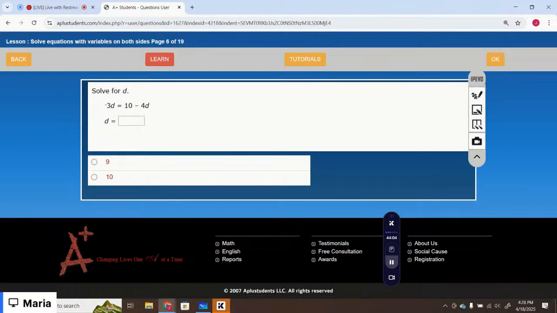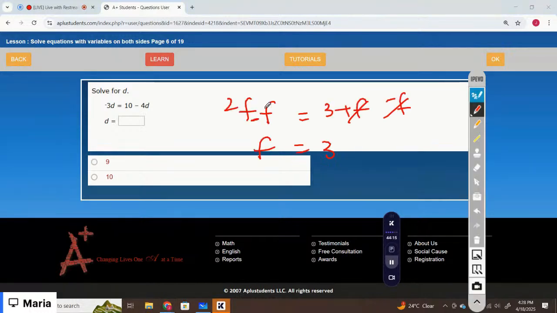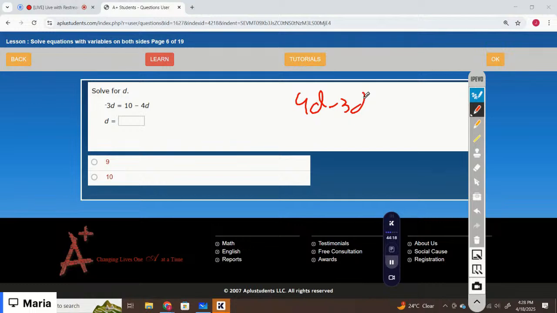Negative 3d plus 10 equals negative 4d. You have to add 4d to both sides, right? So that is 4d minus 3d, and 10 minus 4d plus 4d. The 4d and minus 4d cancel out, so the left side becomes d, and d equals 10.